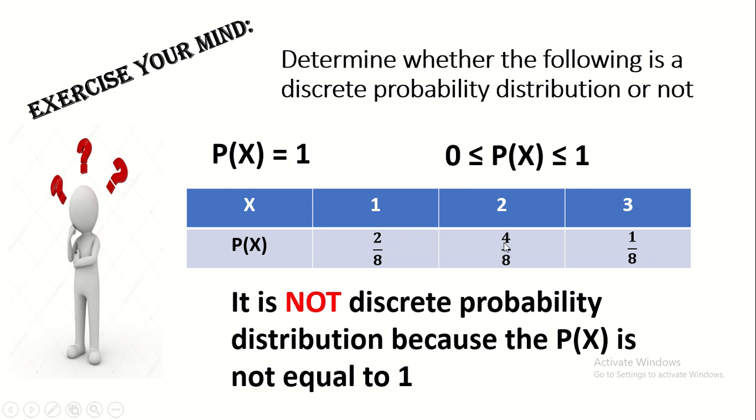Although positive siya lahat at less than siya sa 1, na-violate niya yung unang rule or unang property that the sum of all the probabilities should be equal to 1. 7 over 8 is not equal to 1.